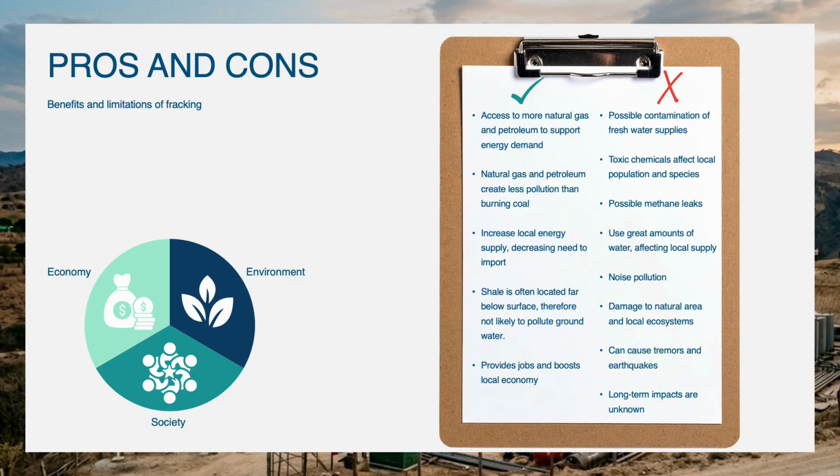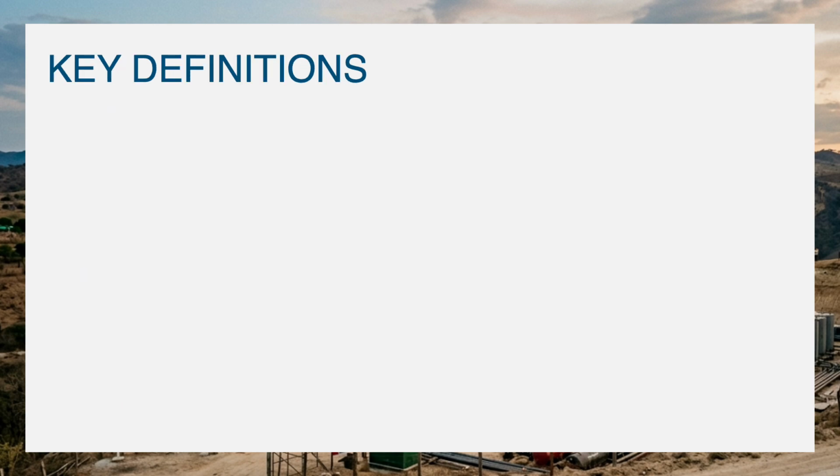And then lastly, we don't actually know what the long-term impacts might be. We don't know how groundwater, ecosystems, and local communities will be affected. This makes fracking really difficult to assess fully before it begins. Let's finish by checking the two key definitions for this section.